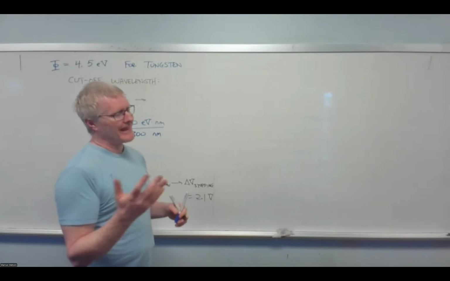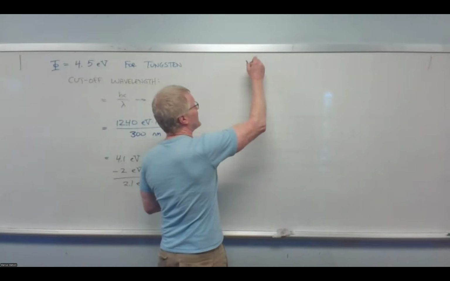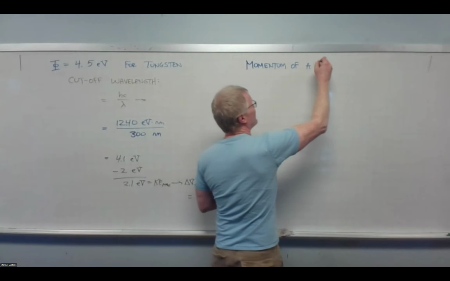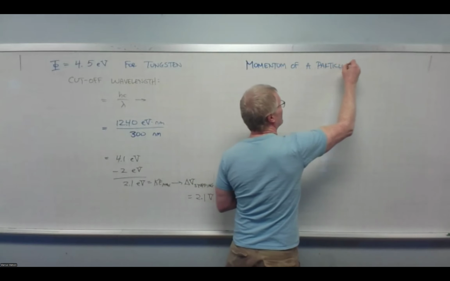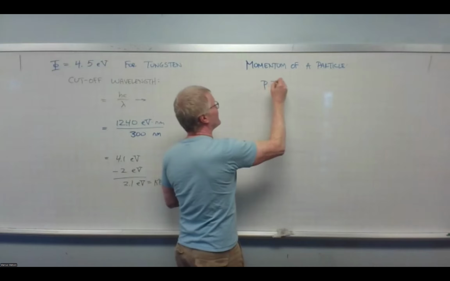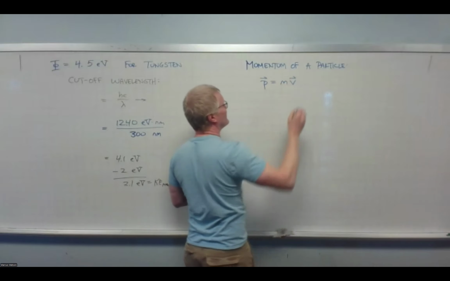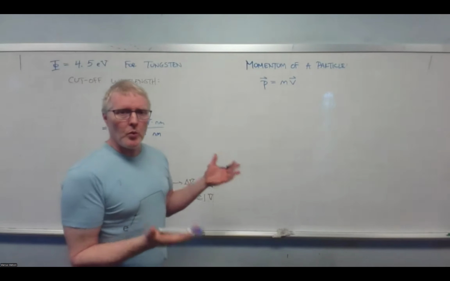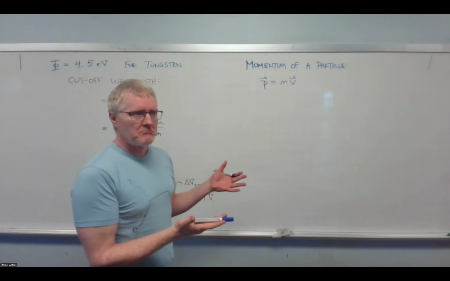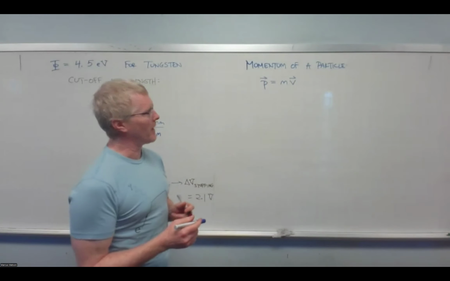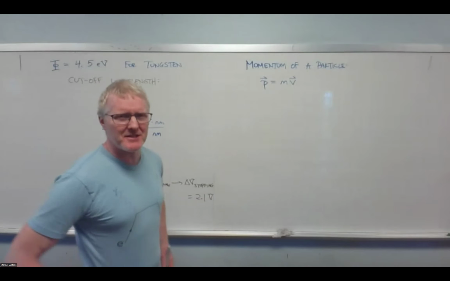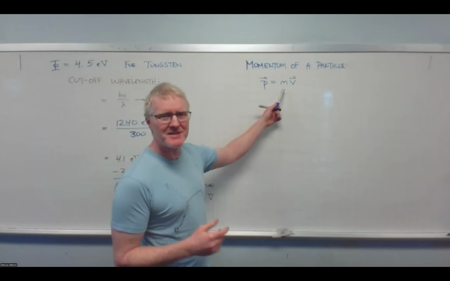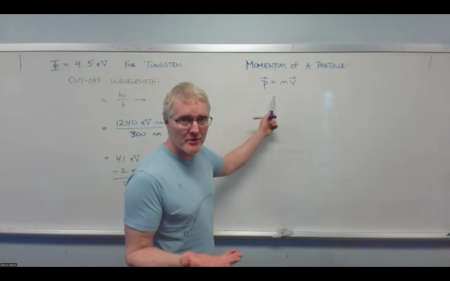So classical thinking would tell you that the momentum of a particle, which you probably studied a lot in 4A, is P equals mv. But with photons, you'd ask, is there any rest mass to the thing? And you'd say, well, no, there's not really a rest mass. So this m is 0 for a photon. So why is it carrying momentum?